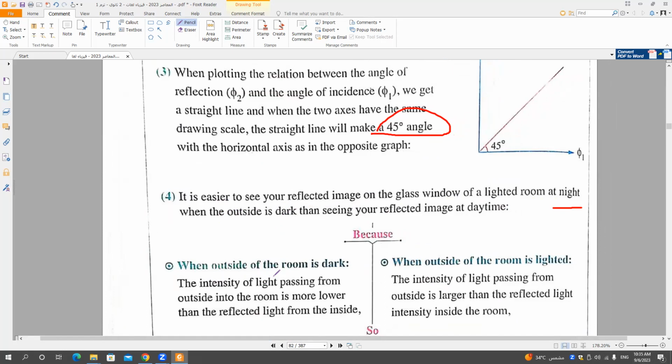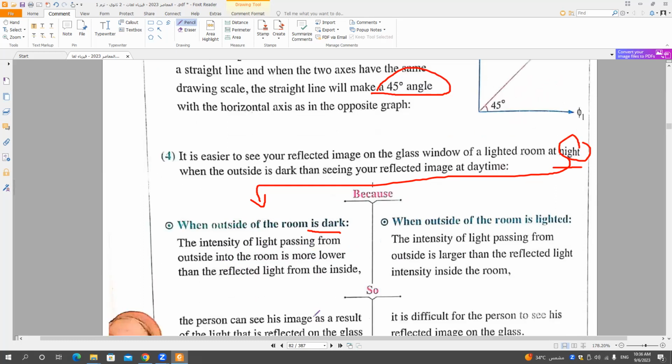Because outside the room is dark at night, the intensity of light passing from outside into the room is lower than the reflected one. So you can see your image.